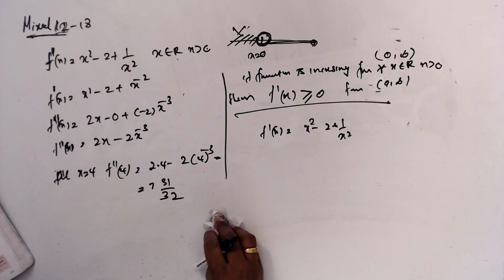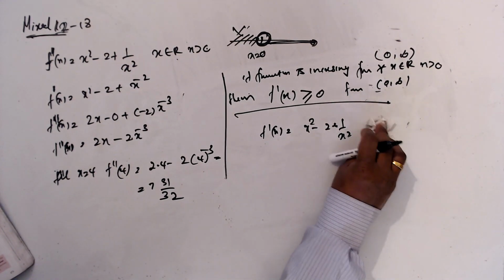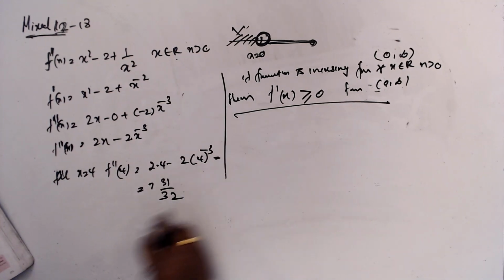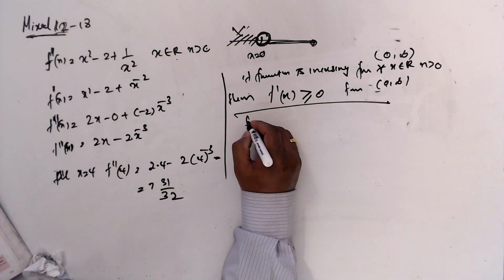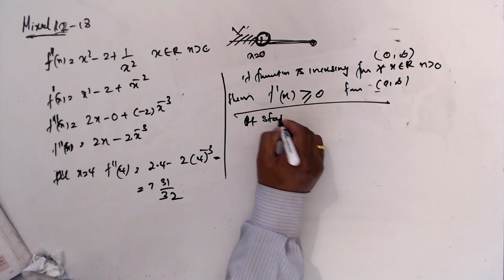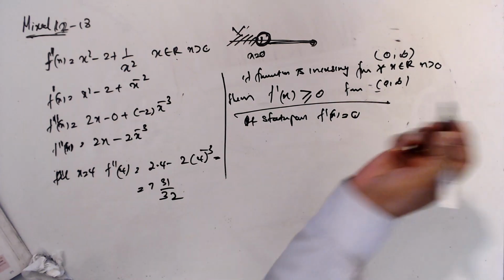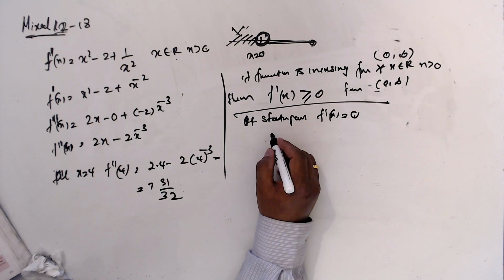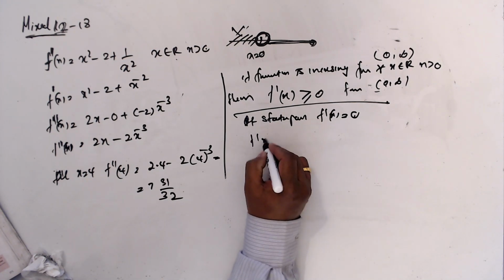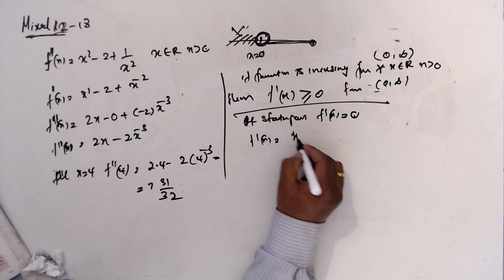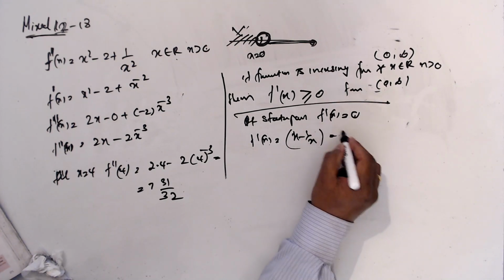You can work like this as well, this part. First of all, find the stationary point. At the stationary point, f dash x equals 0. Then f dash x equals x minus 1 over x equals 0.